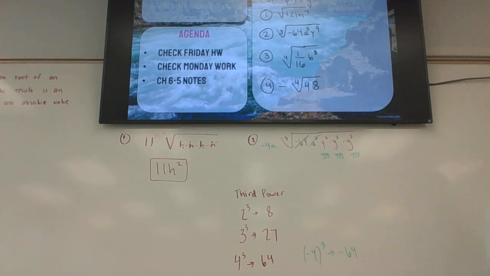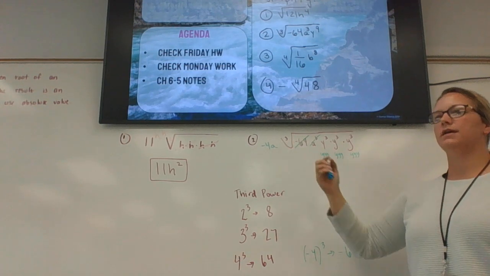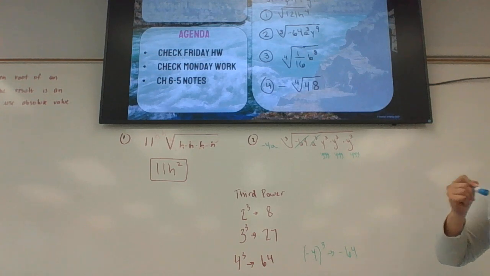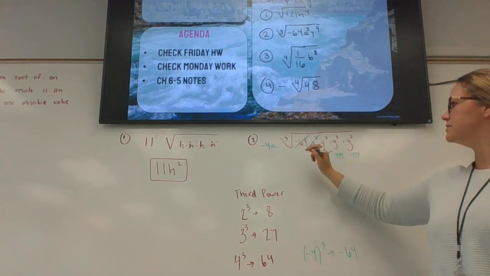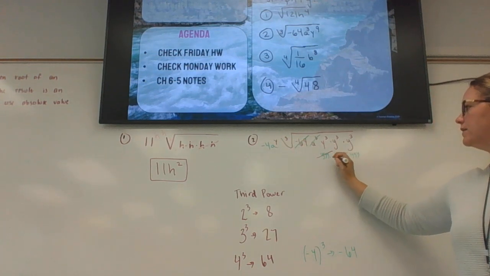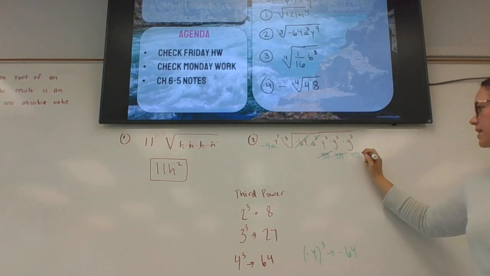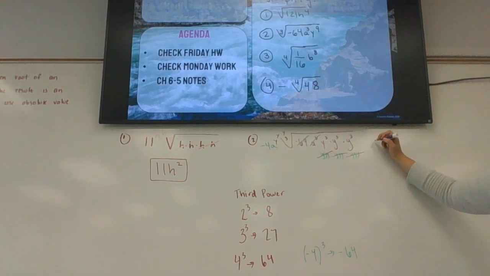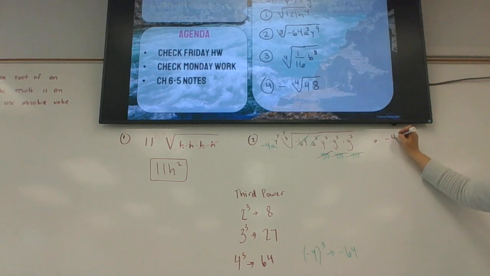But you should be thinking about them in groups of 3 because the index is 3. Every group of 3 can cube root. So I have a y that comes out, a second y that comes out, and a third y that comes out. Negative 4 a y to the third. Any questions on number 2?